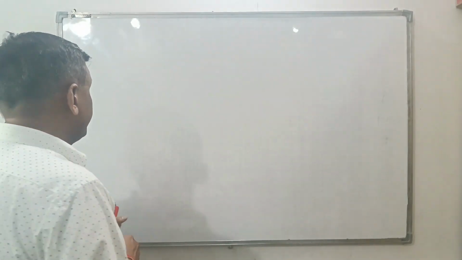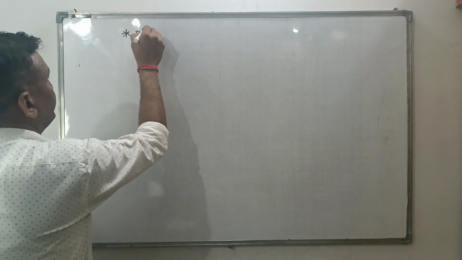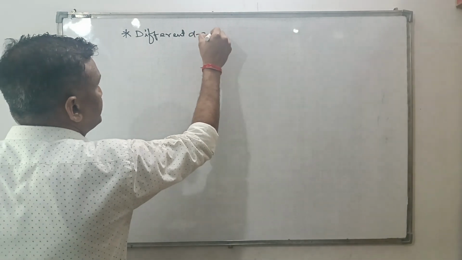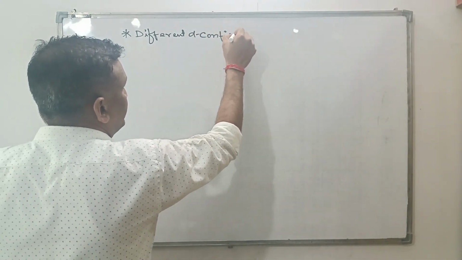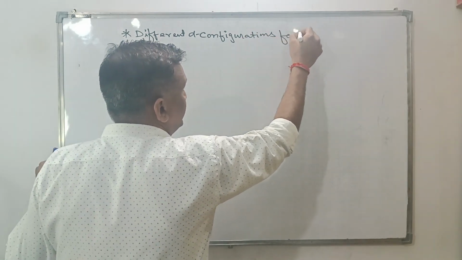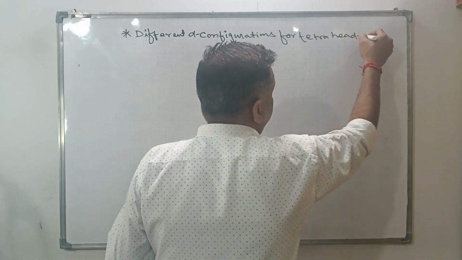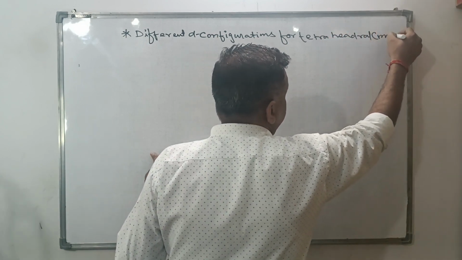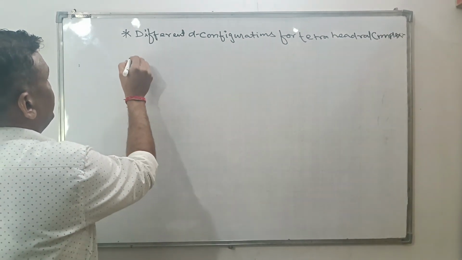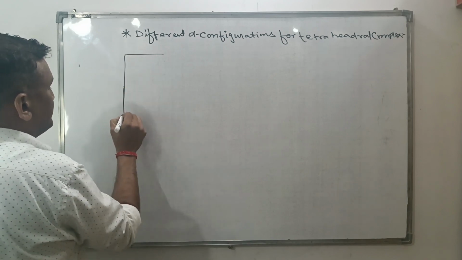So these are the different configurations for tetrahedral complexes. What are they? We have discussed it will be two diagrams. One for the weak ligand, another for the strong ligand.